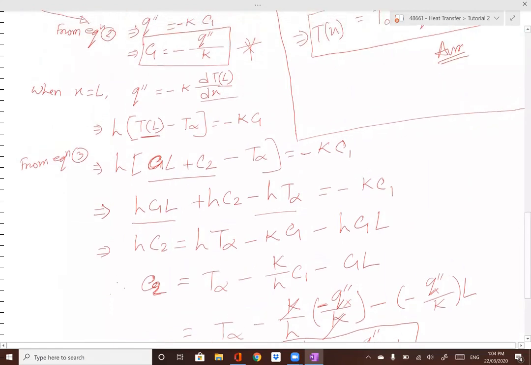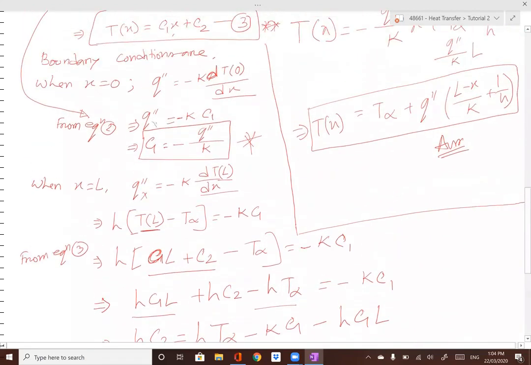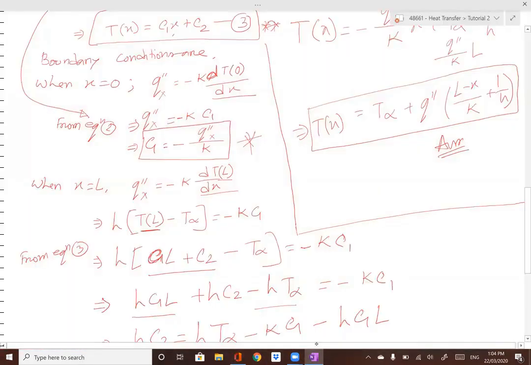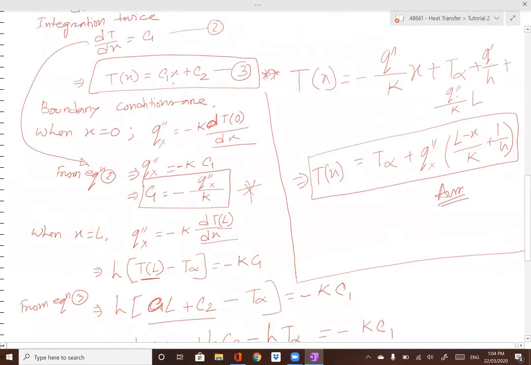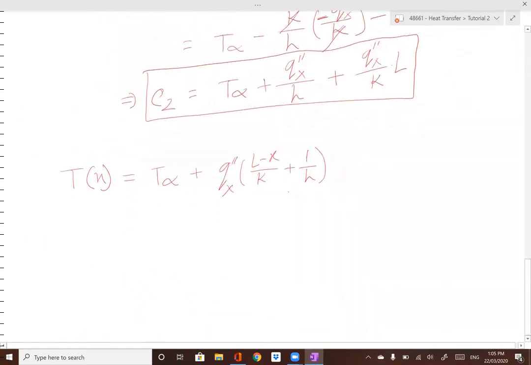It will flow in only one direction. I try to keep the same as your view solution, so it will be Qx. Now we have the temperature distribution equation.